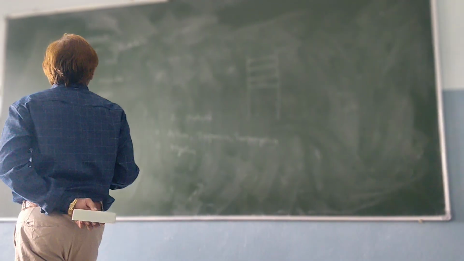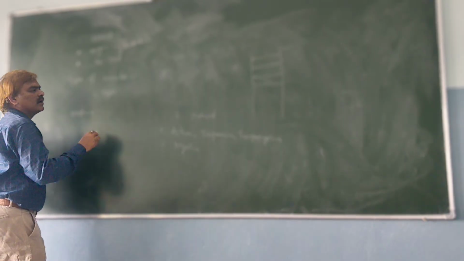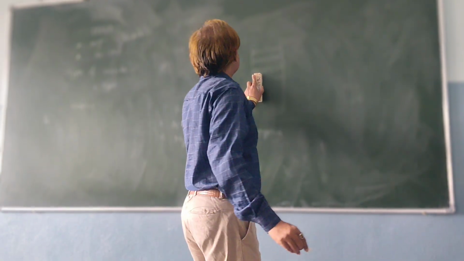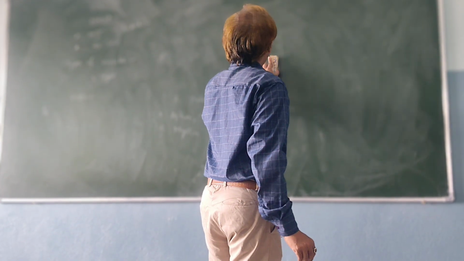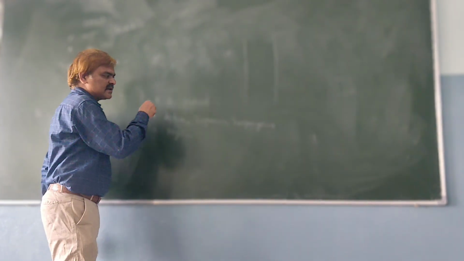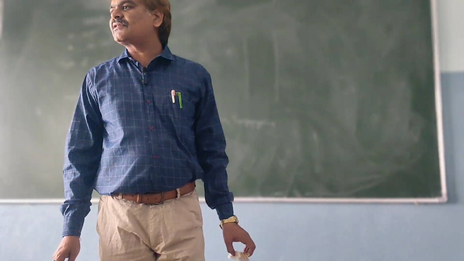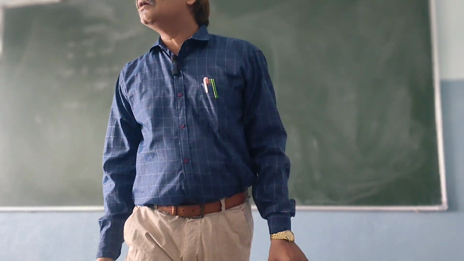The second one is unstriated muscle. Unstriated means the striations are not present. If the striations are not present, the proteins are absent, and the muscles cannot go for contraction and relaxation.